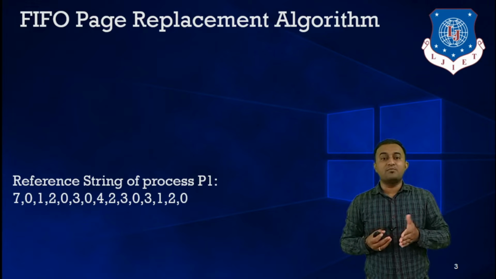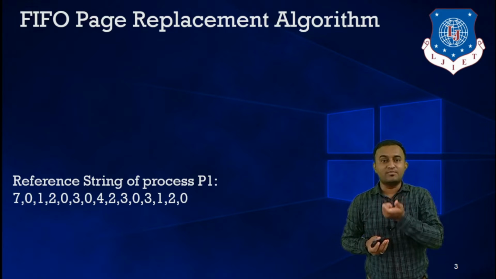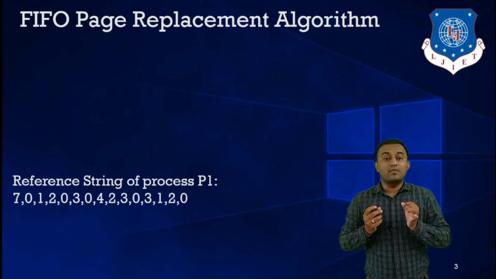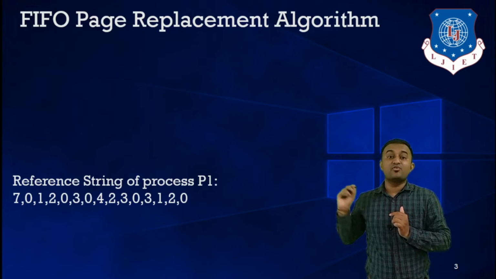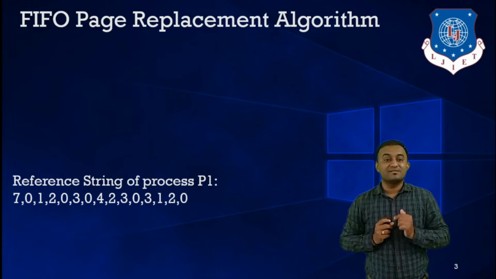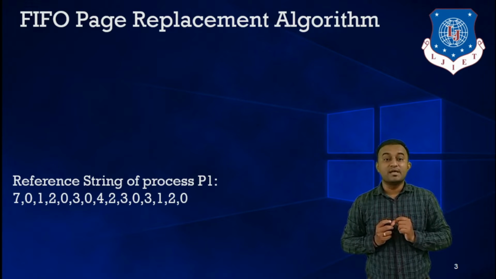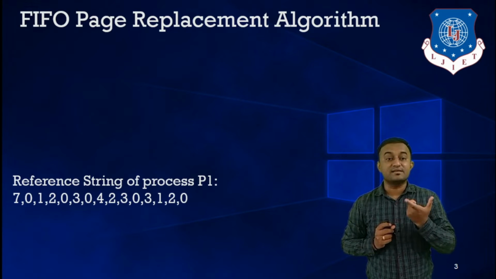You can take any name, P2, P3, P4, but keep this in mind: there is one process that needs to be executed in the CPU, and that process contains this sequence of pages.